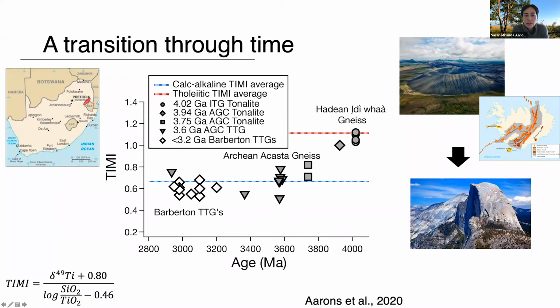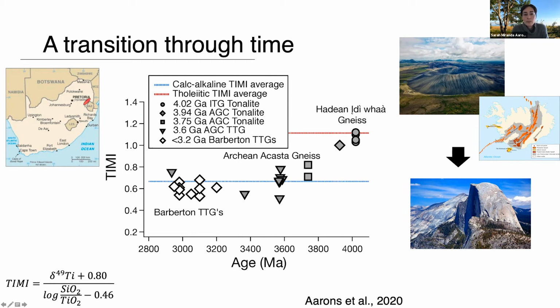I'm plotting our Idowa gneiss, our ancient gneiss, and then our younger Acasta gneiss down here. And then we have rocks from the Barberton tonalite and granite series, which is actually in South Africa, a completely different location on Earth compared to Northwest Territories in Canada.